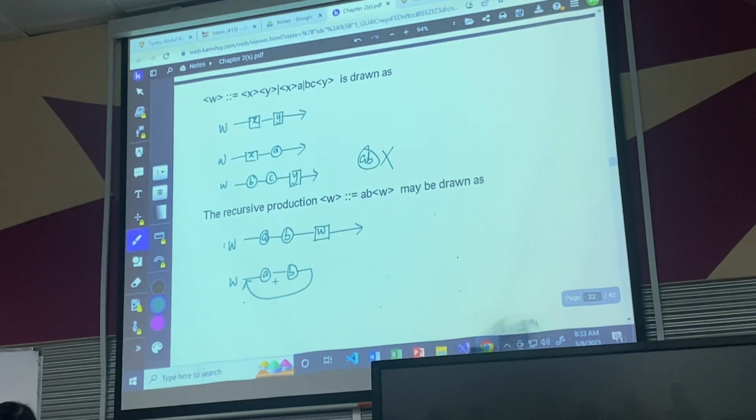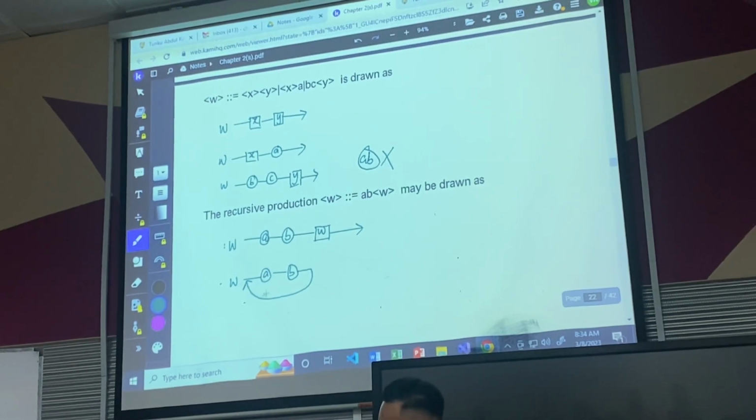At the loop, the loop goes back to where? In front, to the left of the W. This one is understood.